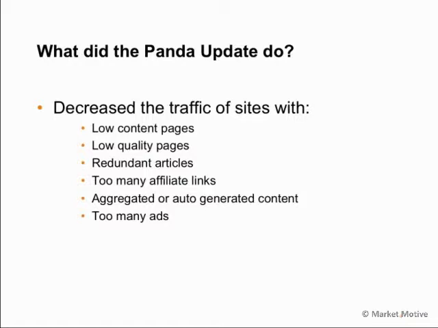It looked at sites that had articles that were redundant. Maybe they wrote around just the keywords and wrote repeated articles. Best payday loans, payday loans for sale, and sites that just wrote the same content over and over in just a little bit different way, but were kind of redundant that way, or sites that had too many affiliate links. These were all the types of sites that were targeted in this update.